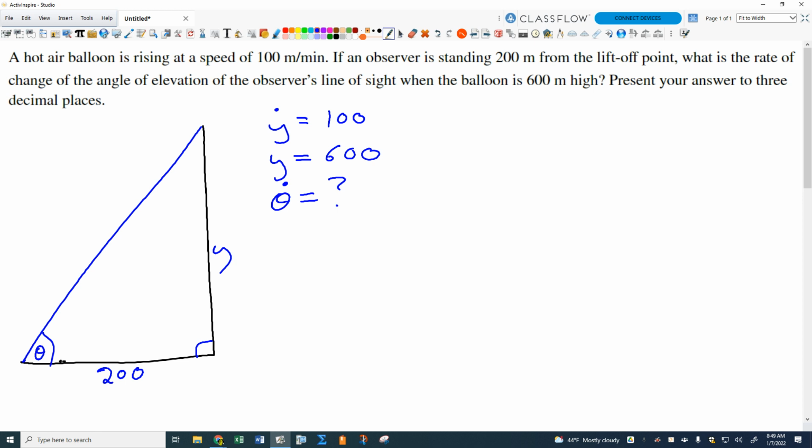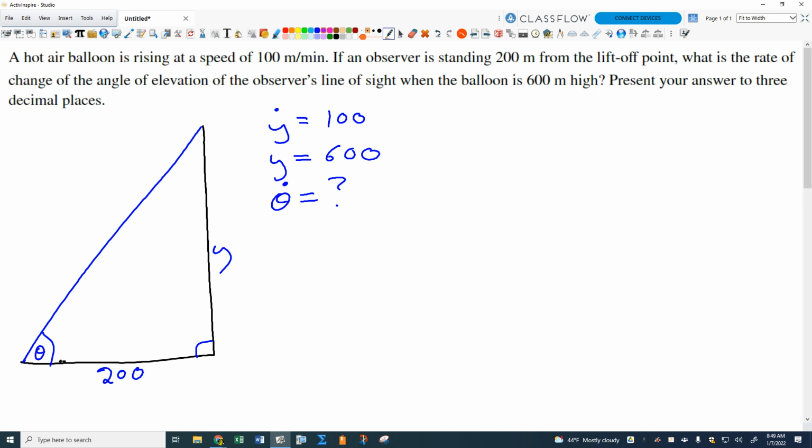Okay, so we need a trig function. We need something connecting theta and y. So what's that going to be? Tangent, right?